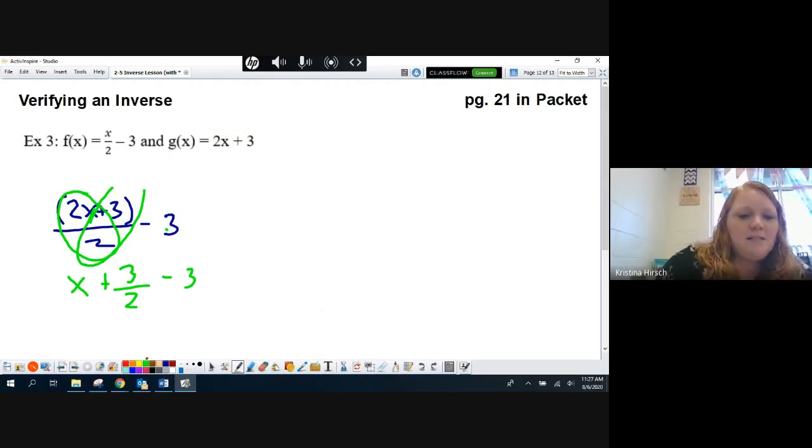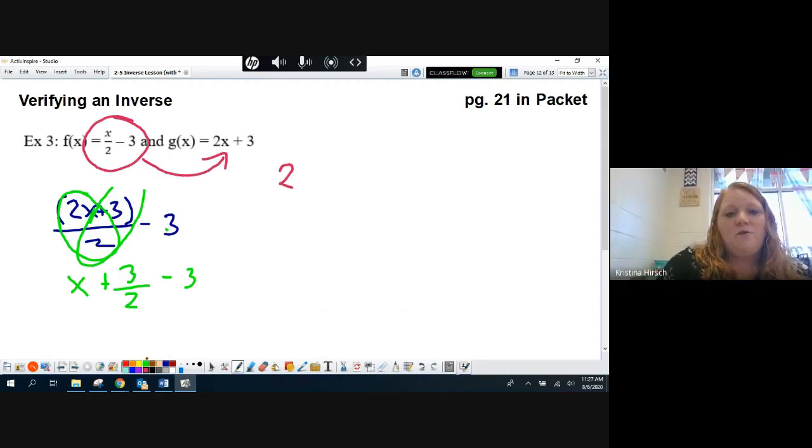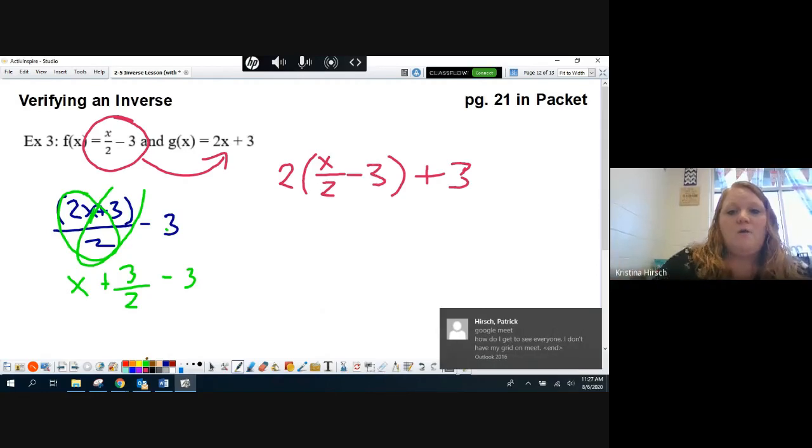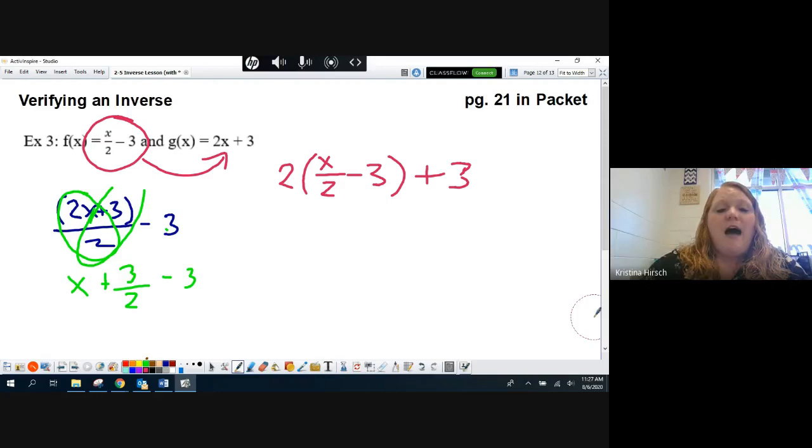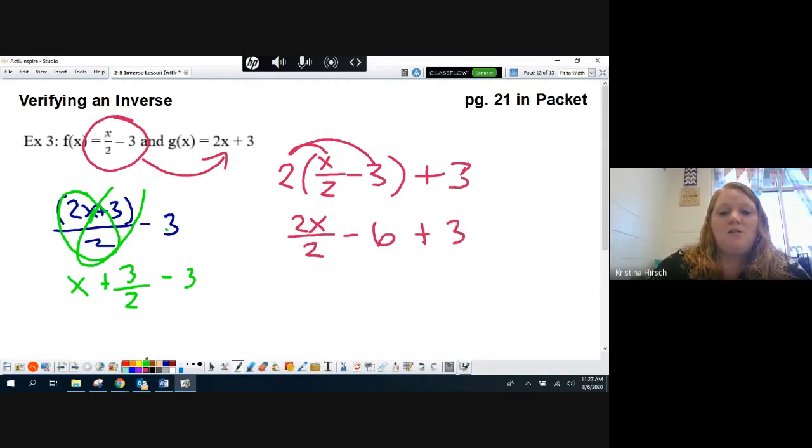All right, so this time, if I took this function and substituted into this function, then I would have 2 times something plus 3. And then the x over 2 minus 3 would fill in. All right, so here, if I distribute this 2, then I would have 2x over 2 minus 6, and then I still have a plus 3.